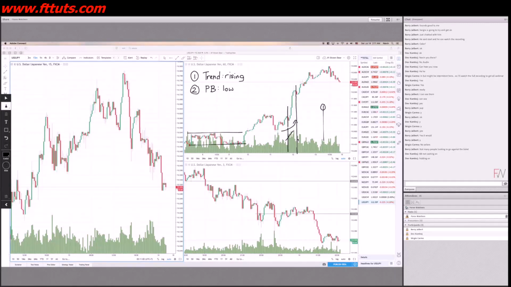Does that make sense? So this is the reason why we're looking at lower volume for the pullbacks and higher or rising volumes for the trend itself. And this gives you an indication that the buyer is still there and he's hanging on. Okay, if he's hanging on, shouldn't we hang on?